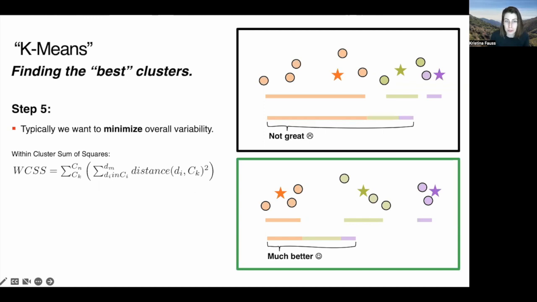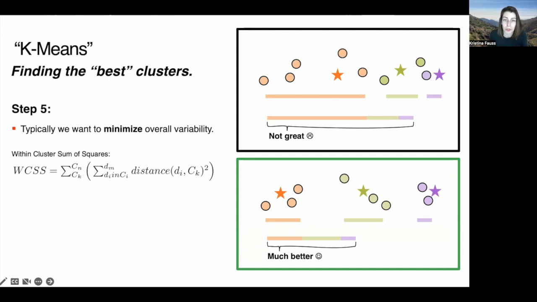This is built off the idea of minimizing the overall variability. We want to define our clusters to have the smallest spread within each cluster. That's the metric we picked to move forward. Comparing these two sets, in our first grouping we probably have too many points in the orange cluster, and we probably don't have enough points in the purple cluster.